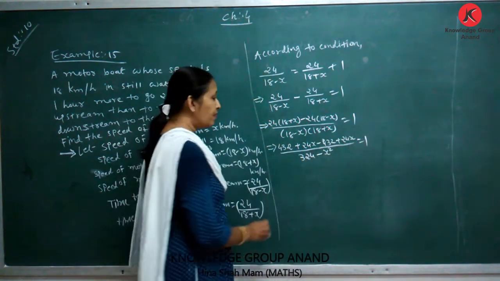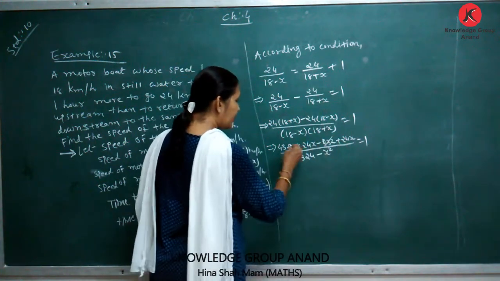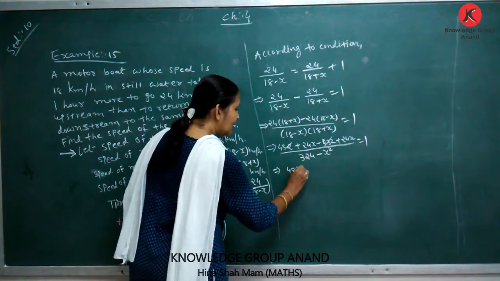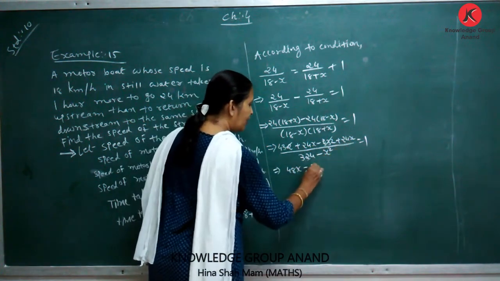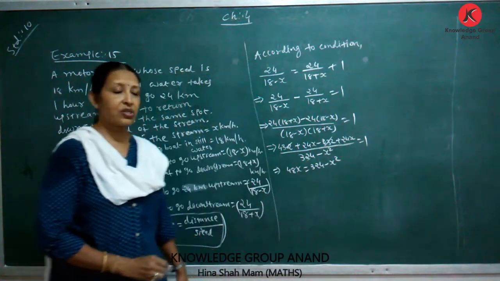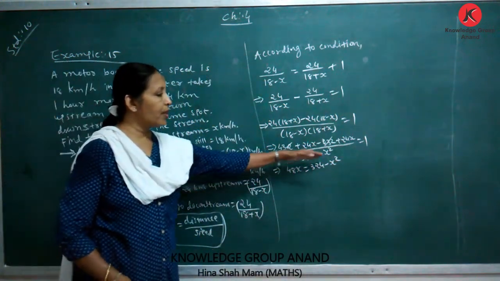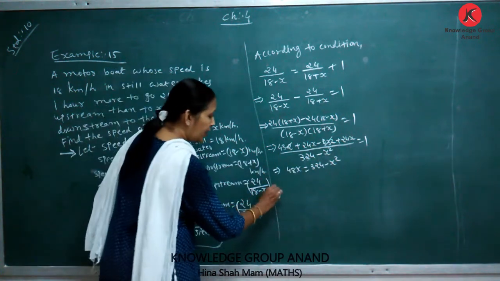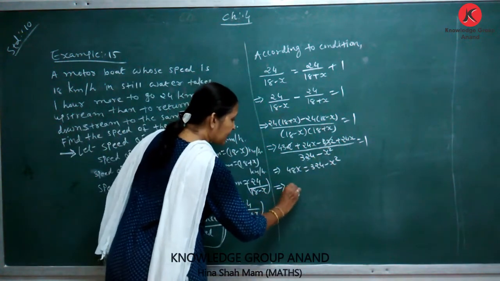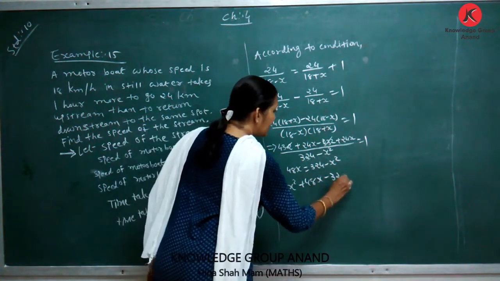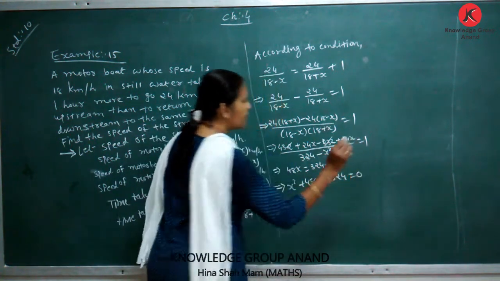Here 432 is gone. 48x is equal to 1 into multiplication 324 minus x square, which implies x square plus 48x minus 324 equals 0.